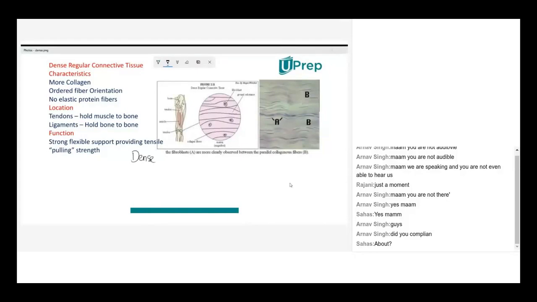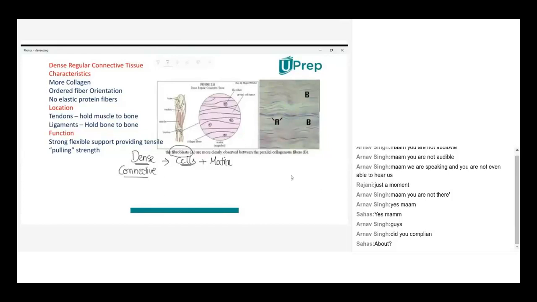When you take the dense connective tissue, connective tissue obviously will have cells, and along with cells, there will be fluid matrix. You will find that in all types of connective tissue. So here, when you talk about dense connective tissue, it has cells called fibroblasts.